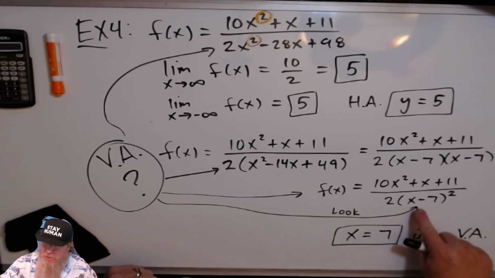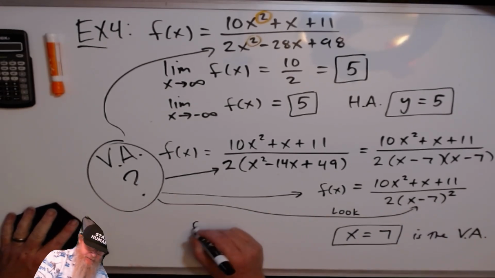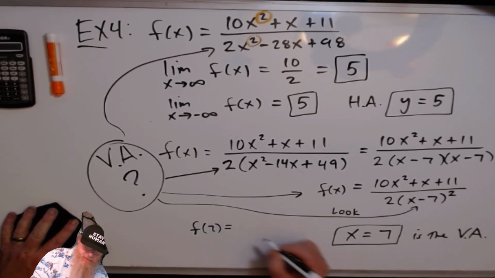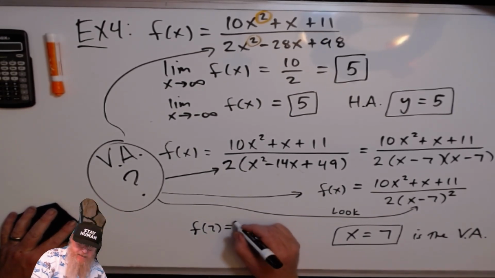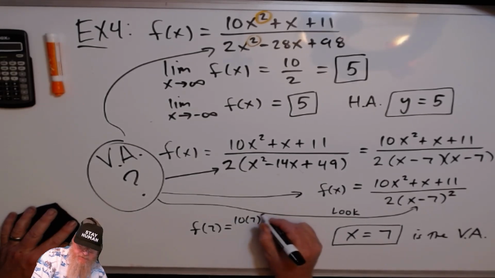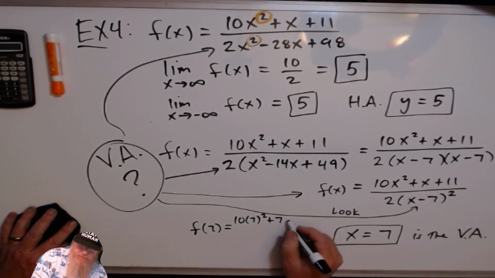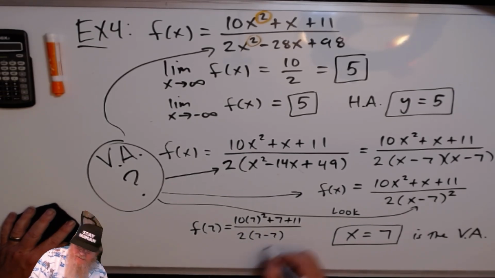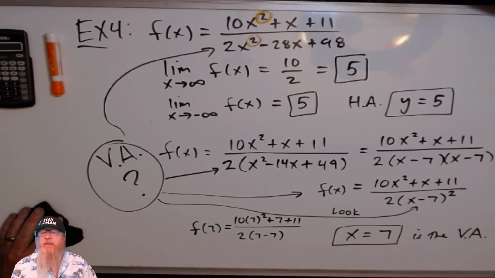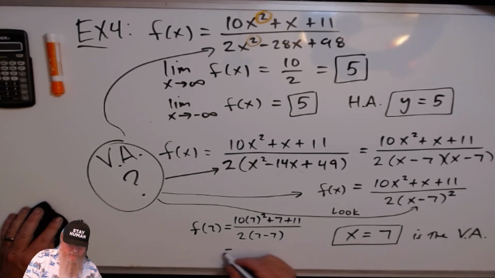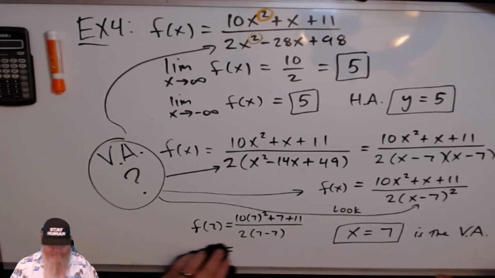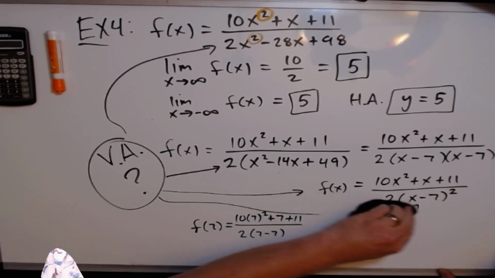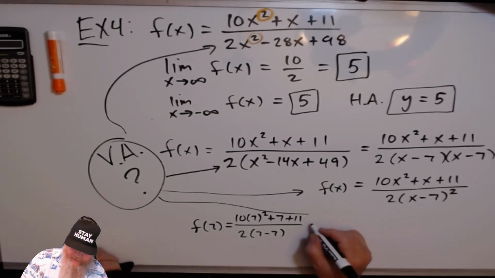Because if you tried to plug in 7, you would get 10 times 7 squared plus 7 plus 11 over 2 times 7 minus 7. Sorry, I'll rewrite that in a second.